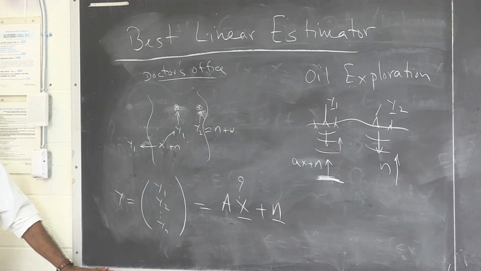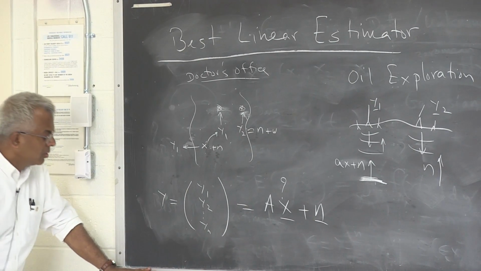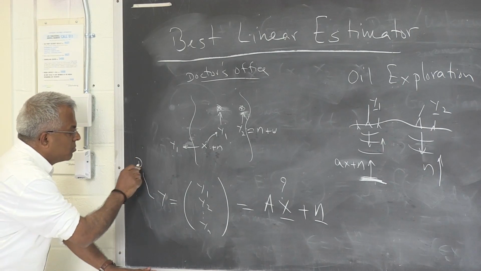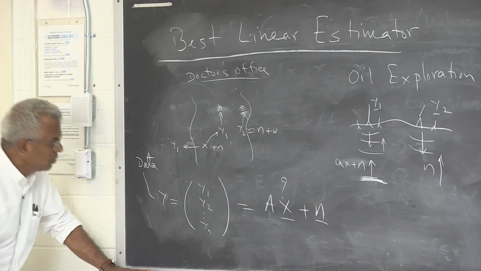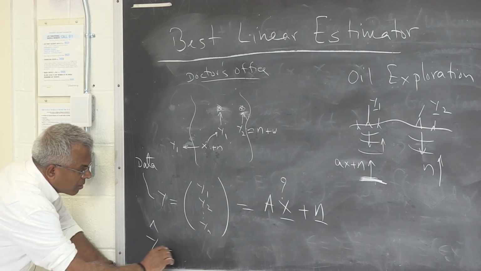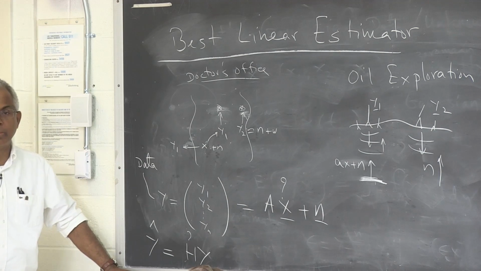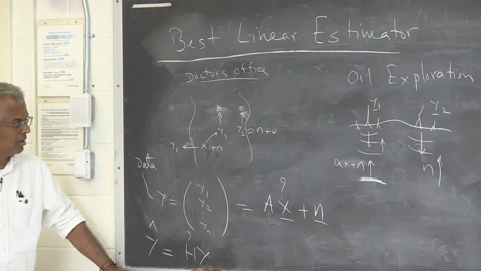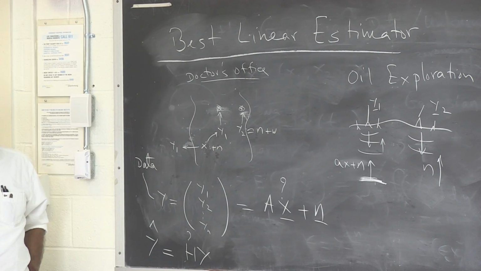This true signal is hidden. I want to use the same notation that I gave you. And so this is your data now, right? What you measure. And you want Y hat. So the question is, how do I come up with a linear estimator? So, best linear estimator, okay?